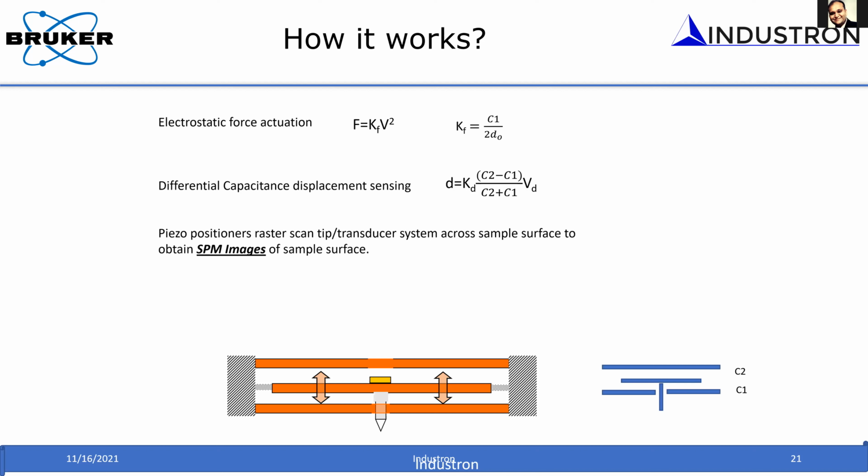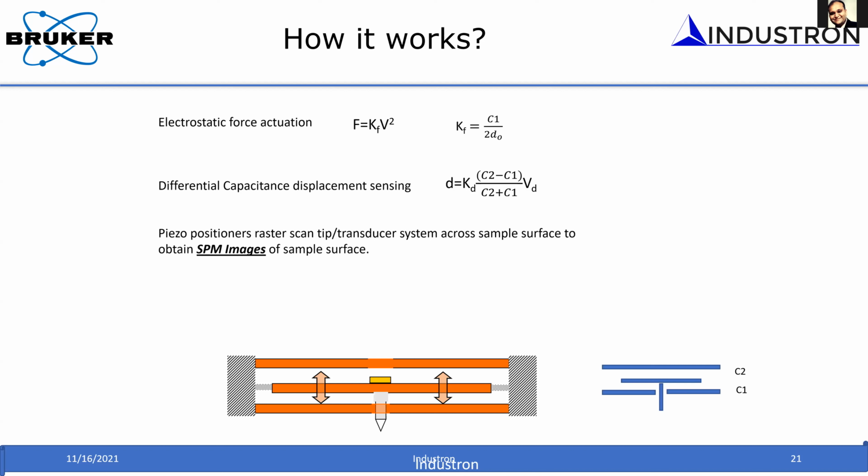The way that I'm going to show is using electrostatic force actuation. What is it? In physics, if you have 2 parallel plates and you apply a voltage between them, you generate an electrostatic force. It's similar to taking a comb, rubbing it on your head, and bringing it closer to a piece of paper; the paper will jump to the comb because of the high voltage difference between the paper and the comb.